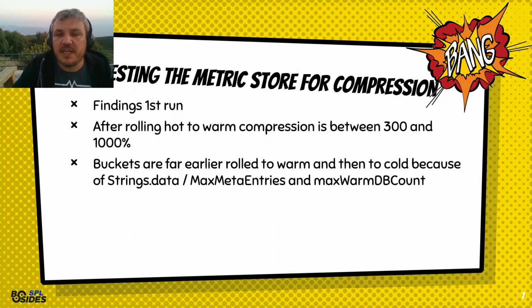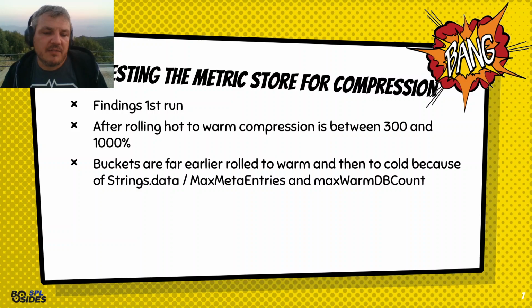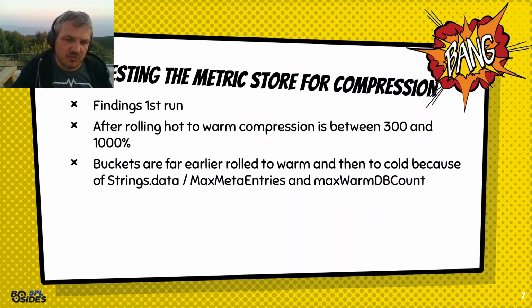And as a metric index is not containing any raw journal, it basically is all in TSIDX, and somewhere you need to get the values from, right? So what happens is that by default strings data has a setting, I think, of 1 million entries, and then it's starting to roll. So what's happening is I was shooting, the volume in the end doesn't matter, but I was really generating up to 500,000 metric points per second, which is not uncommon in normal scenarios out in the field, right, for our customers.